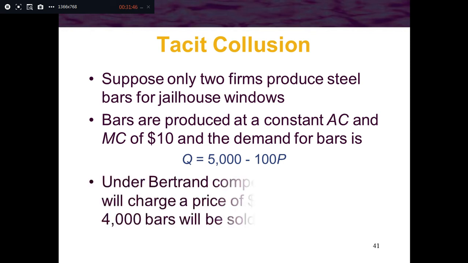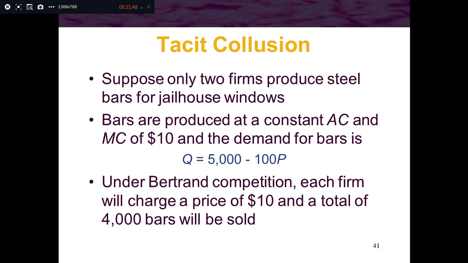Then under Bertrand competition, each firm will charge a price of $10 and a total of 4000 bars will be sold.